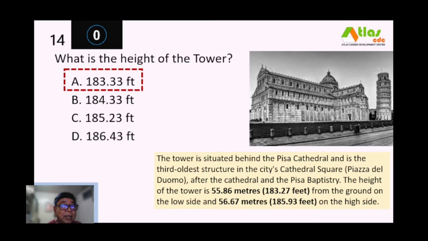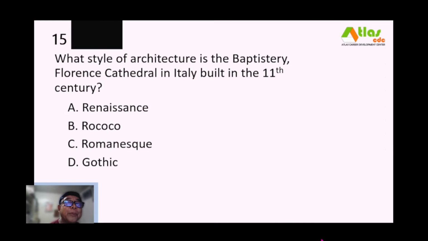The height of the tower is 55.86 meters or around 183.27 feet from the ground on the low side and 56.67 meters or 185.93 feet on the high side. So among the choices, the nearest here is 183.33 feet.